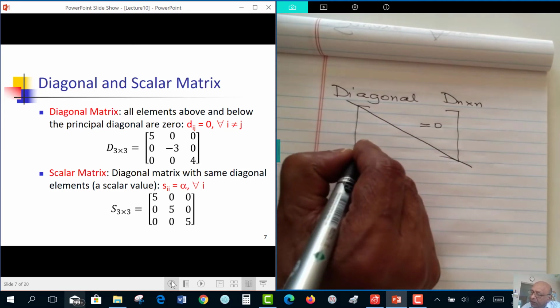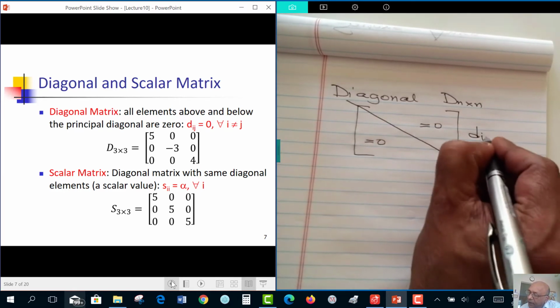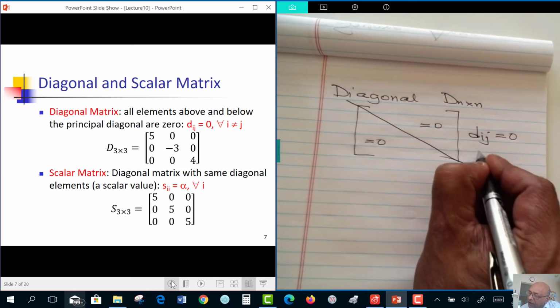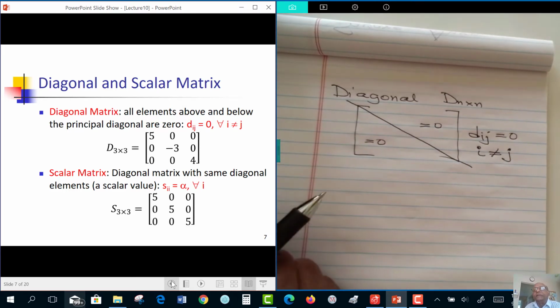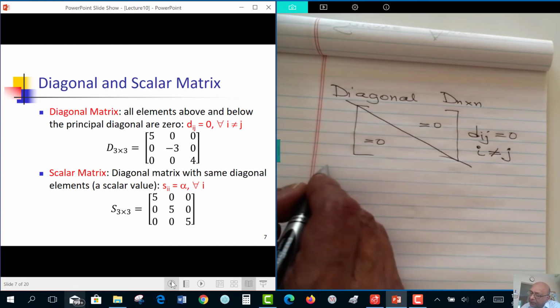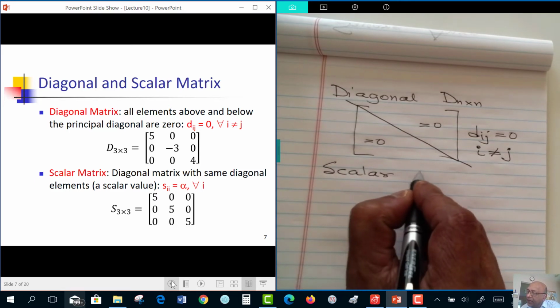All elements above and below are 0. So we say whenever the row number is not the same as the column number, the elements are 0.